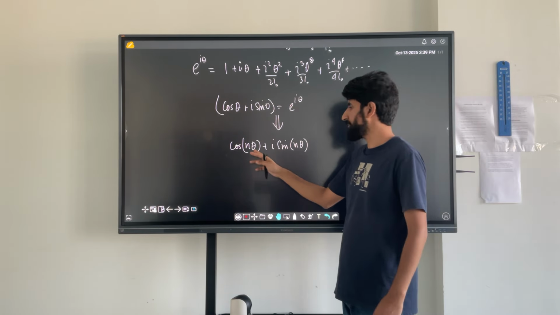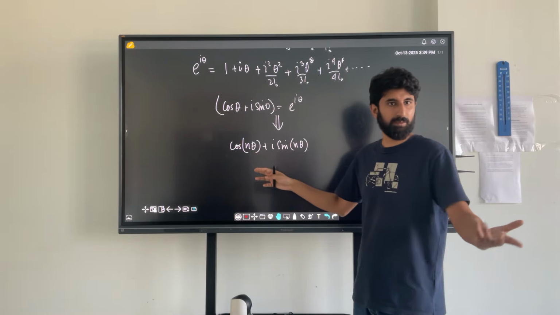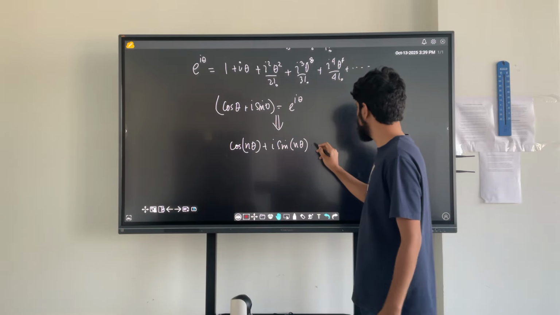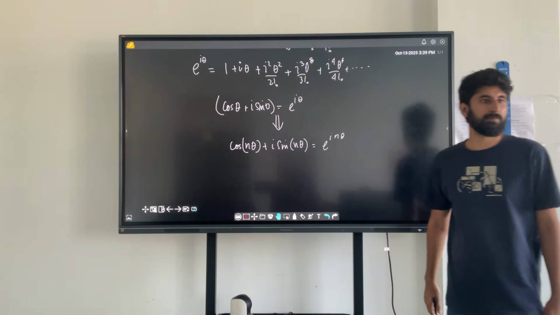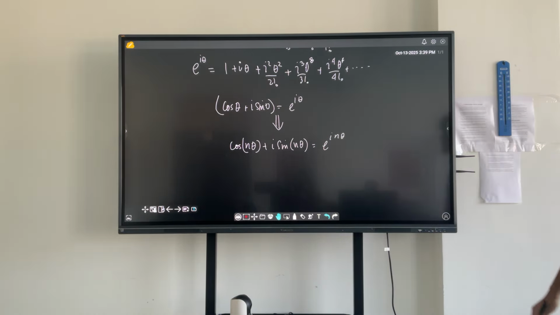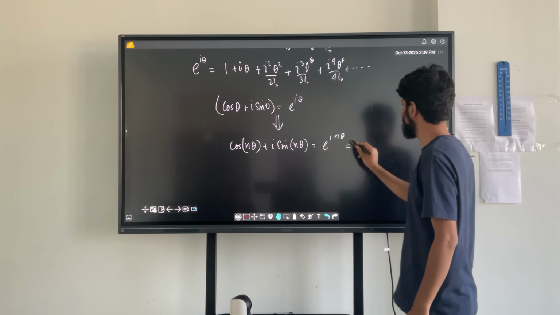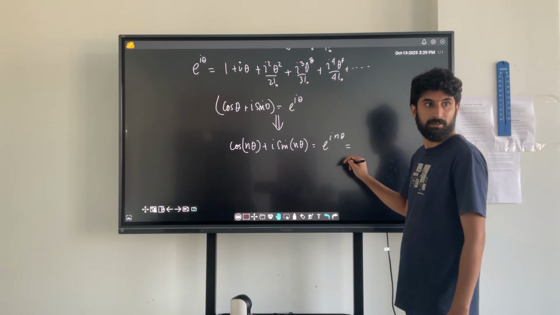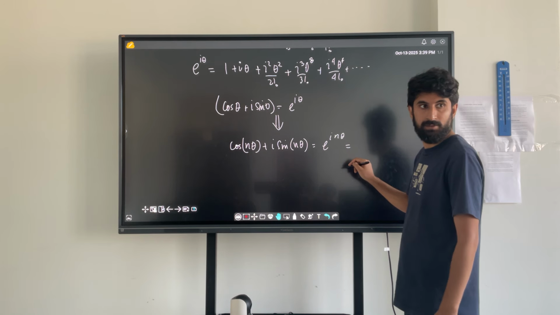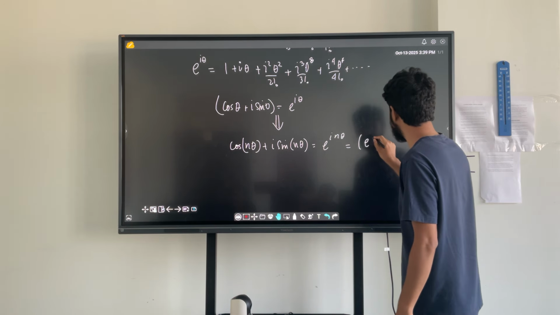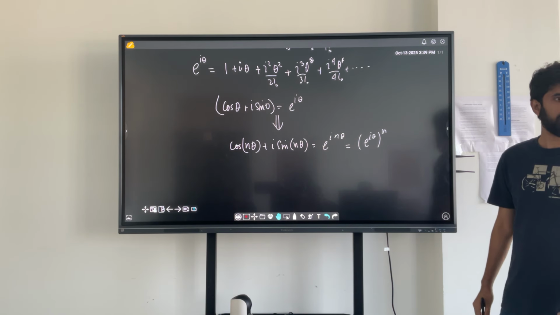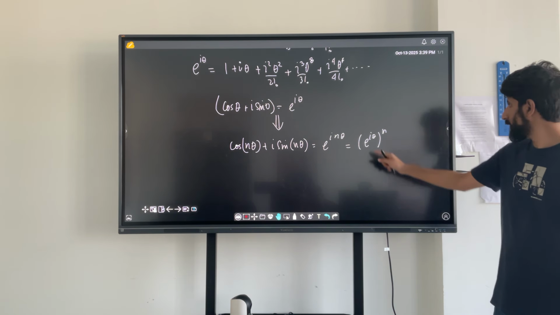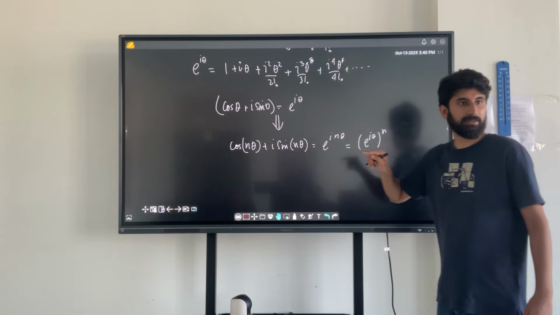So cos of n theta plus iota sine of n theta, n is any number, should be equal to e power iota n theta, right? But this should be the same as e power iota theta raised to the power n, and e power iota theta is cos theta plus iota sin theta.